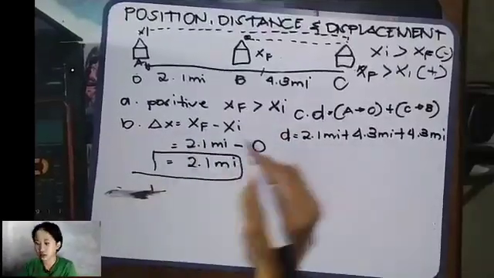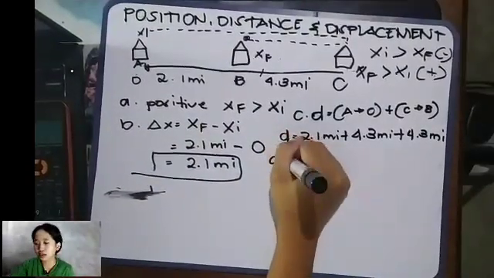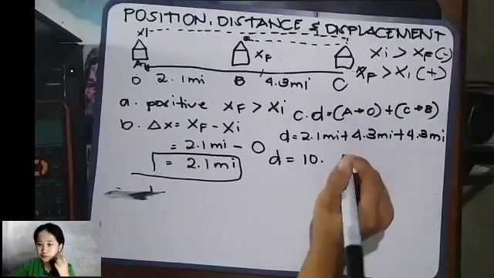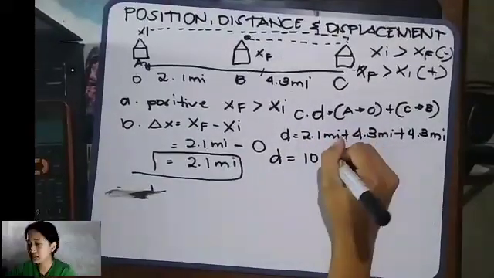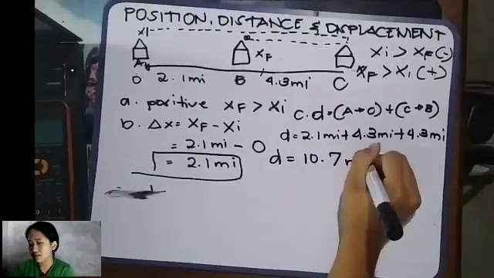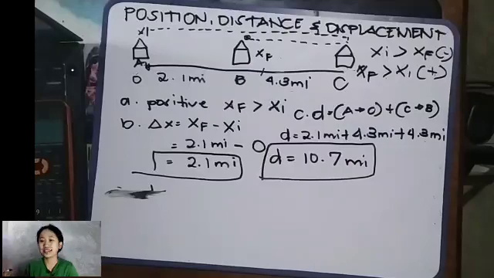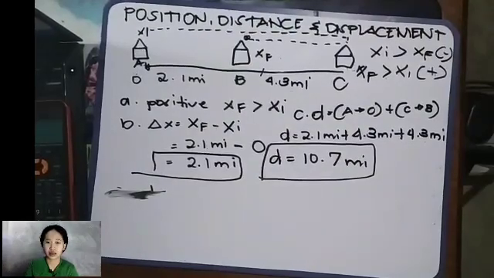So, compute lang natin, then ang makukuha natin is 10.7 miles. So, yan na yung pinaka-distance ng kabuuang trip mo dito.